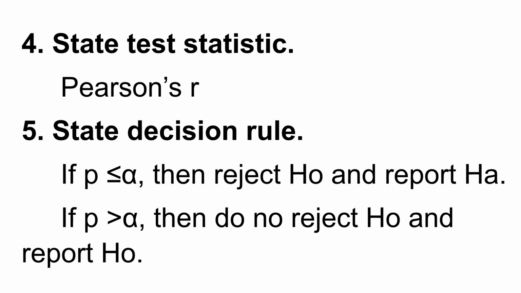If P is less than or equal to alpha, then reject HO and report HA. If P is greater than alpha, then do not reject HO and report HO.